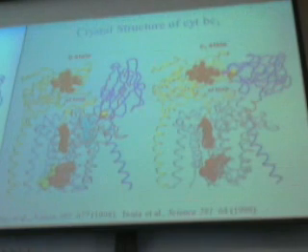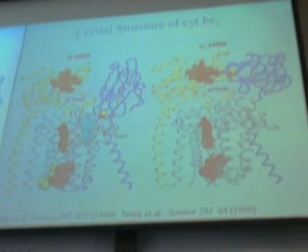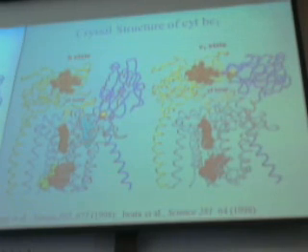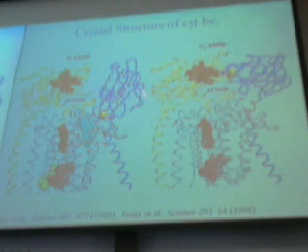And here is the actual crystal structure of cytochrome BC1. This was done by our collaborator, Chang-An Yu at Oklahoma State University, and also several other workers around the world. And we have here two pictures. The picture on the left is the structure of the cytochrome BC1 complex.